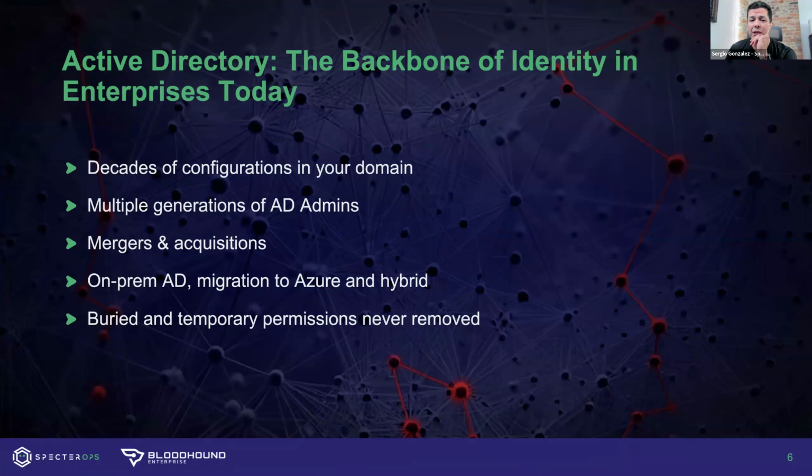And really, what is the identity backbone today? It's Active Directory, and with growing numbers, Entra ID. But if you look at AD, you've got decades of configurations in your domain. You've got multiple generations of Active Directory admins, all with their own way of doing things, implementing best practices that were current for their time. You've got mergers and acquisitions, adding complexity to your domains.